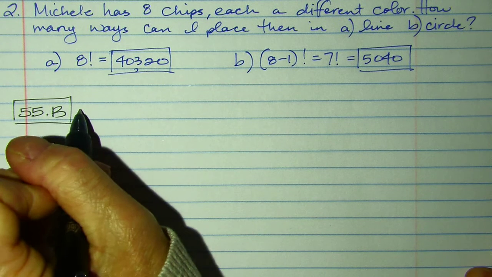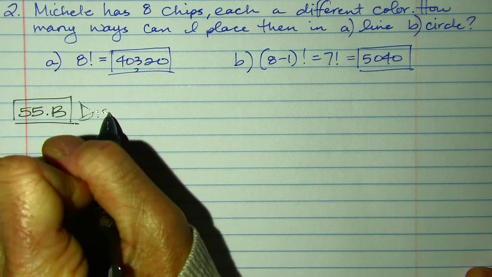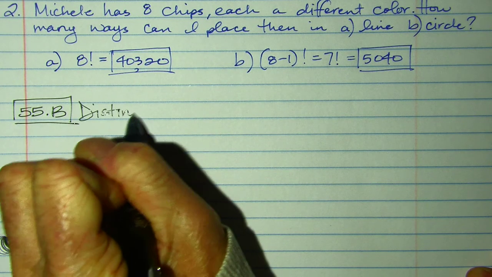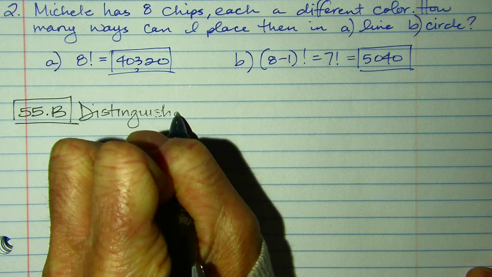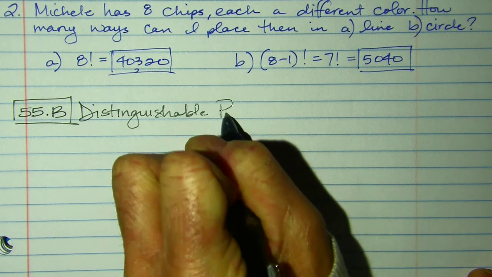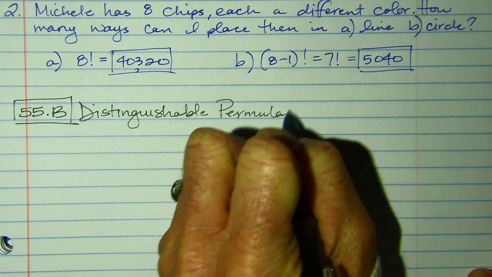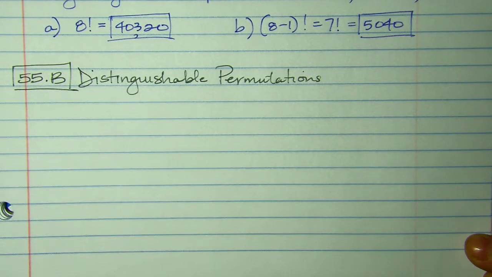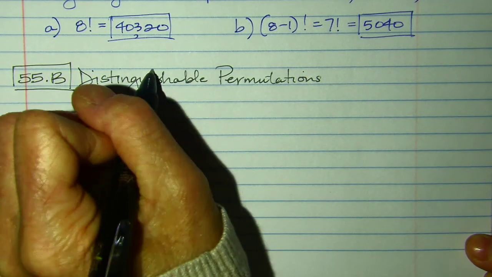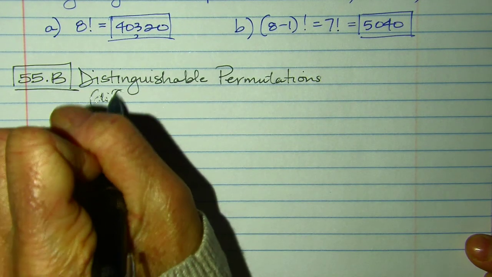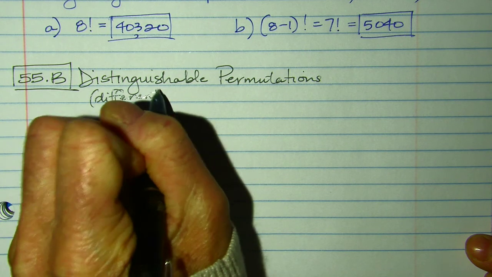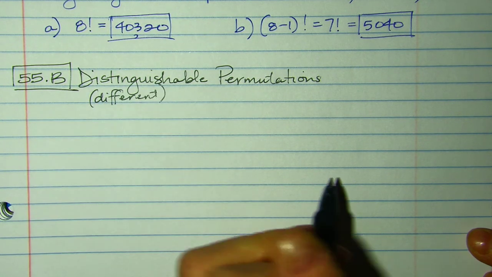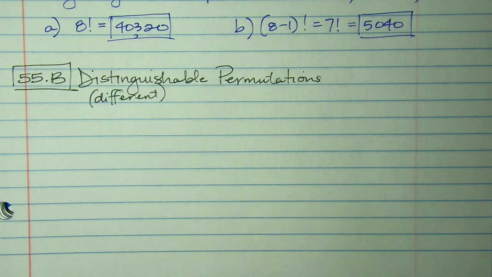55.B is not any more difficult. This is distinguishable permutations. So distinguishable means different. Okay, so distinguishable permutations would be like how many different ways can I arrange the letters A, B, C?